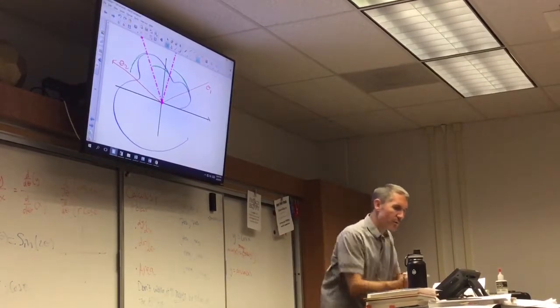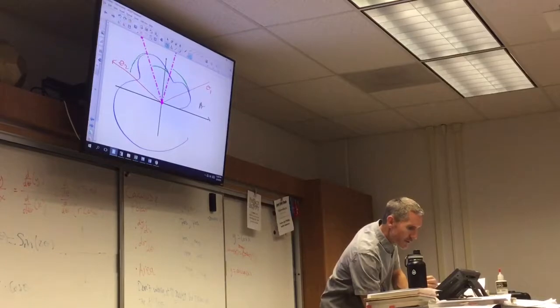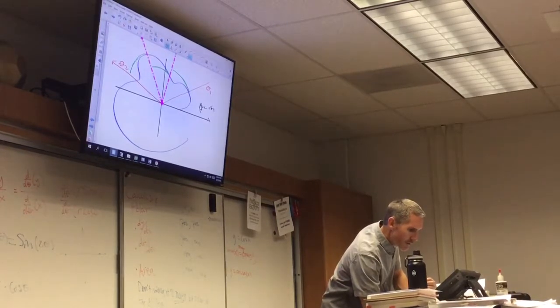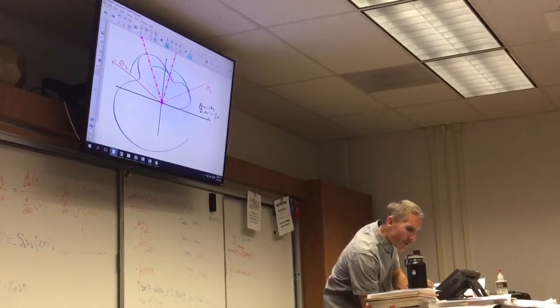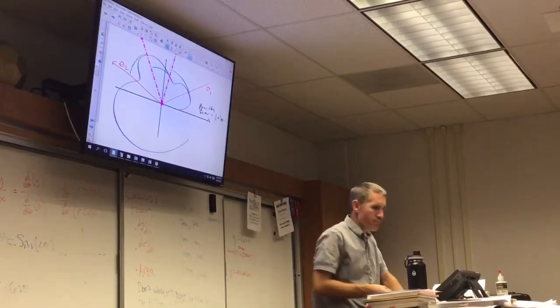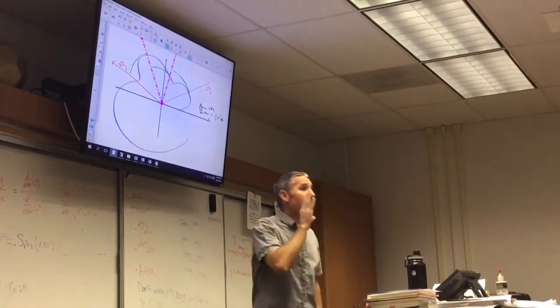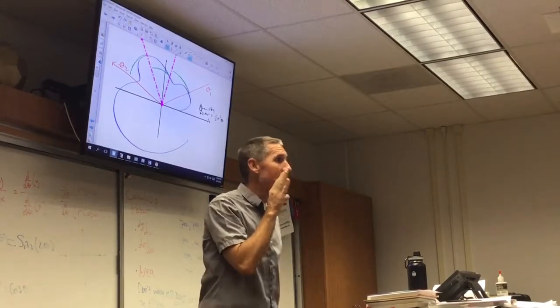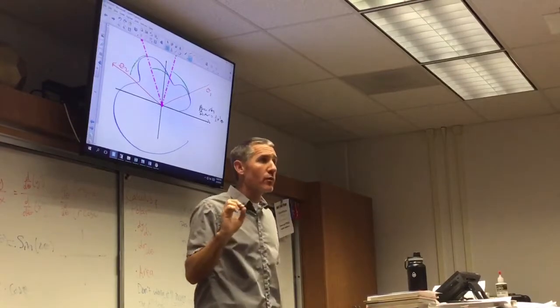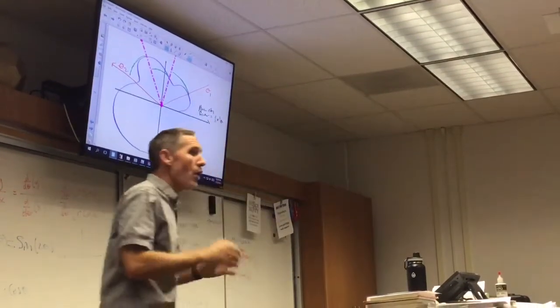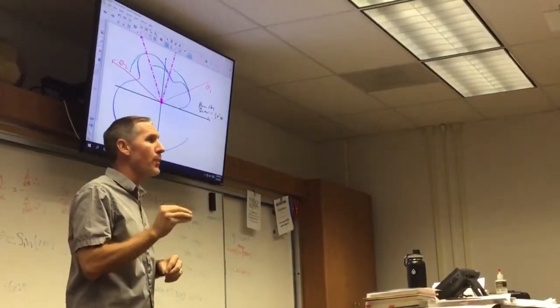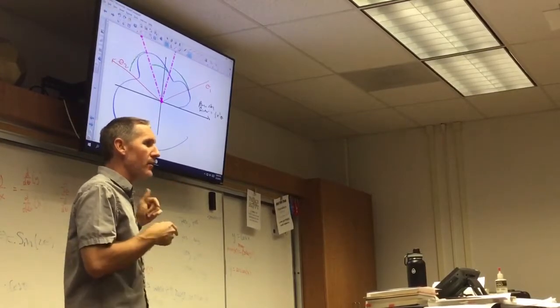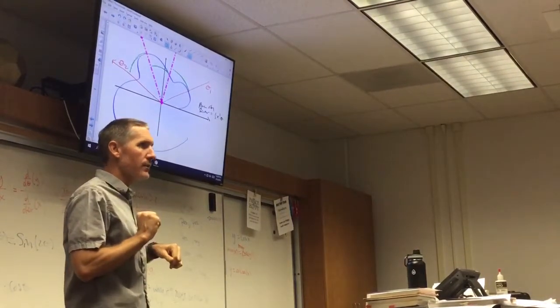So the area of a sector is 1/2 r squared times theta. So if theta was 2 pi, meaning that you went around the whole circle, then this would be 1/2 times the radius squared times 2 pi. The 1/2 and the 2 cancel out, and you're left with pi r squared.